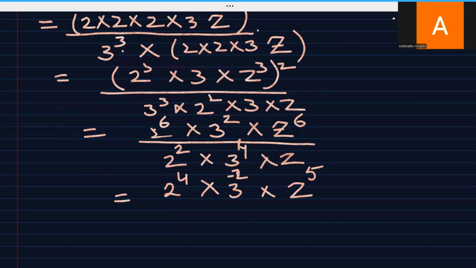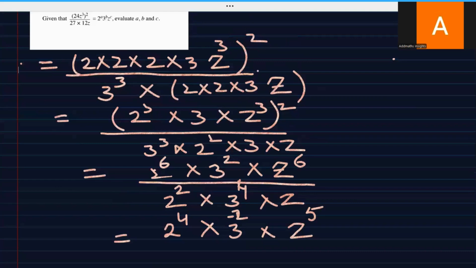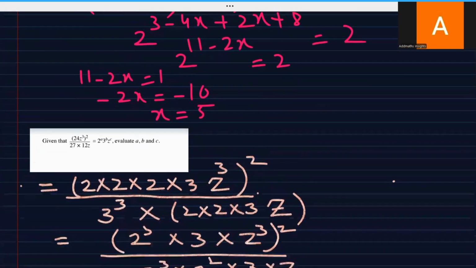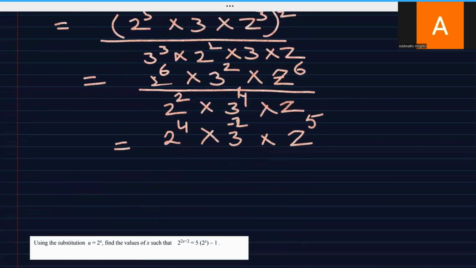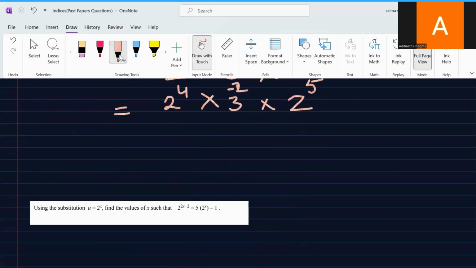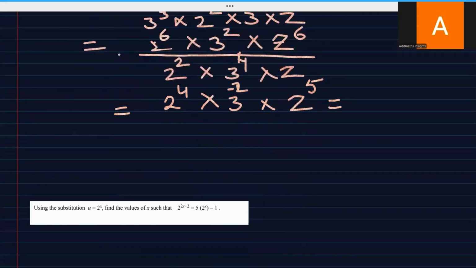After simplification, it's given that this whole expression is equal to 2 raised to the power a, 3 raised to the power b, and z raised to the power c.